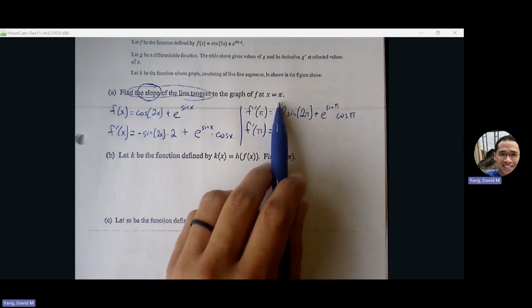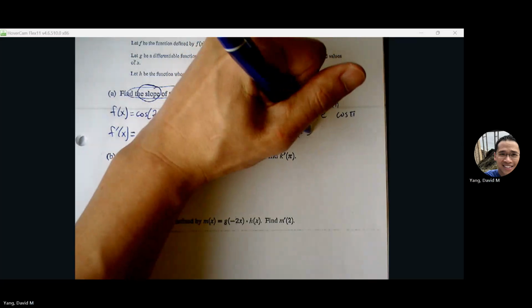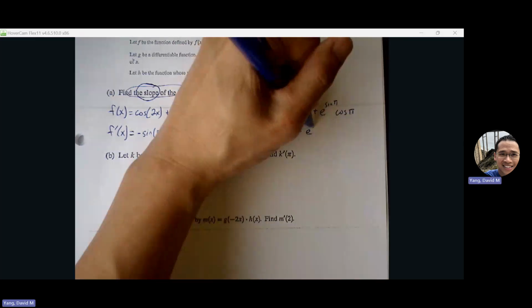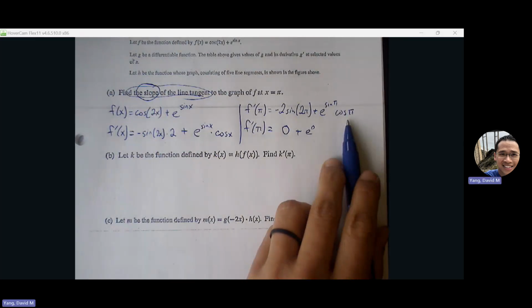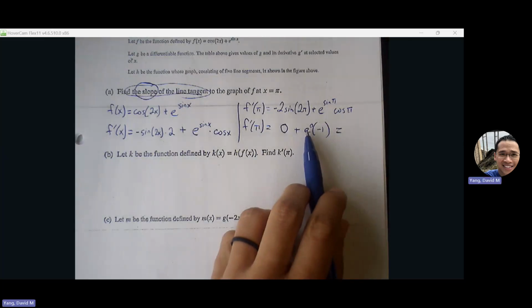Same thing as sine of 0, right? Sine of 0 is 0. E to the sine pi. Sine pi is also 0. And then cosine of pi is -1. So therefore, my f prime of pi is just equal to what? -1. E to the 0, anything raised to the 0 power is 1.